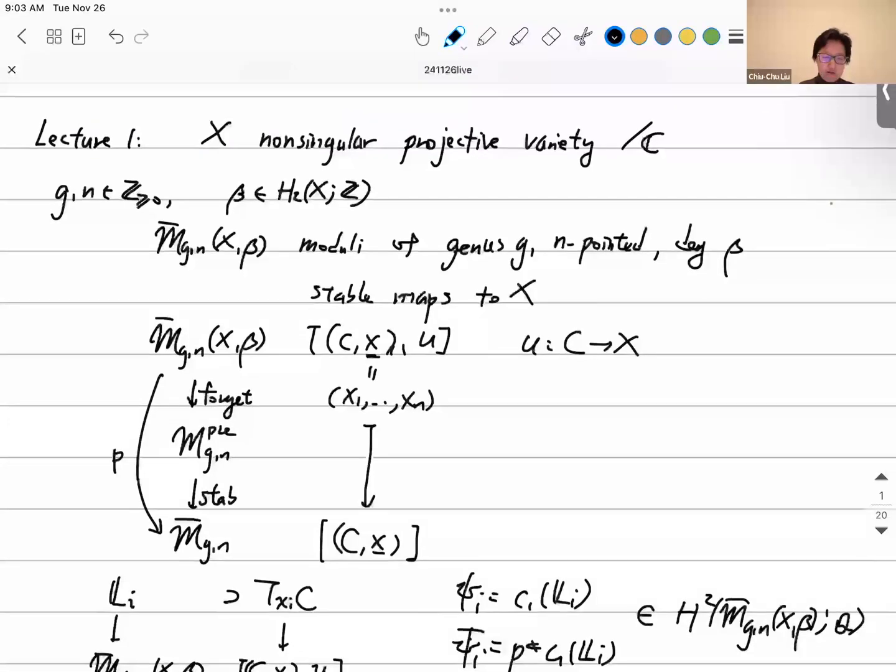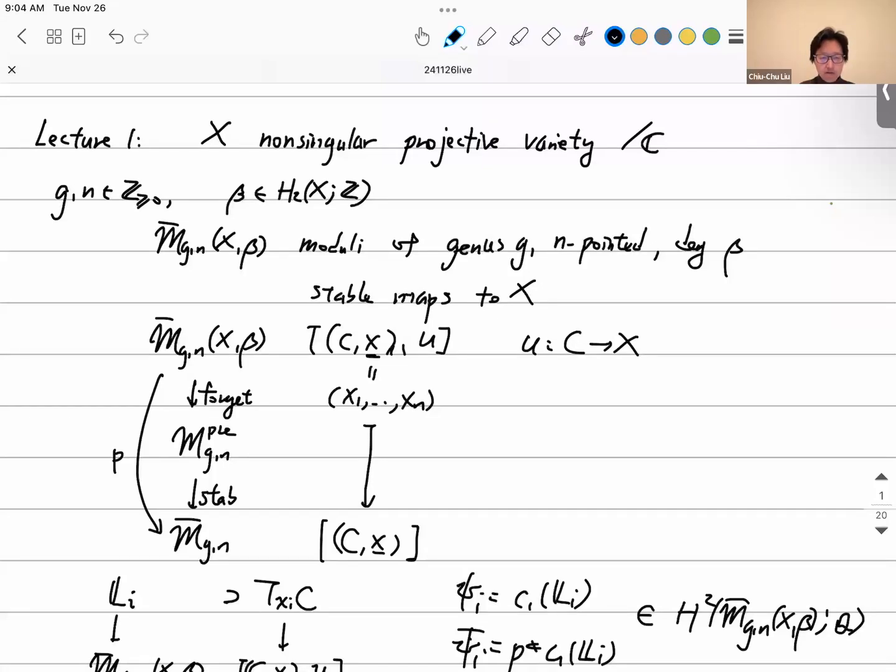Recall that a point in this moduli space consists of a domain curve, a nodal curve C of genus g with n distinct smooth marked points, together with a map u from the curve to the target X. We have the forgetful map, forgetting the map u, and we get a pre-stable curve of genus g and n marked points, and then we stabilize.